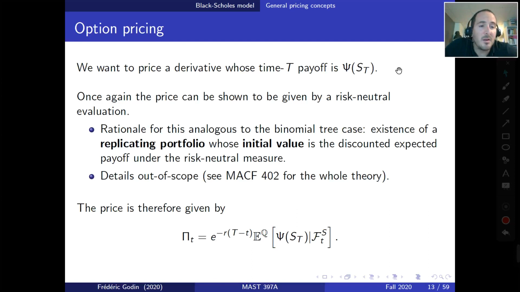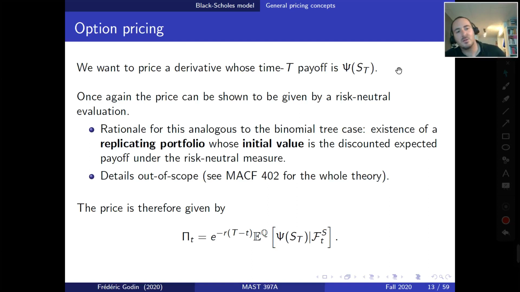We are talking about the fact that derivatives are priced through replicating portfolios. In the Black-Scholes model, for any derivative, you can always find a replicating portfolio. So the price of the derivative will be given by the price of the replicating portfolio. And furthermore, as in Chapter 2, the price of the replicating portfolio can be obtained by a risk-neutral evaluation formula.